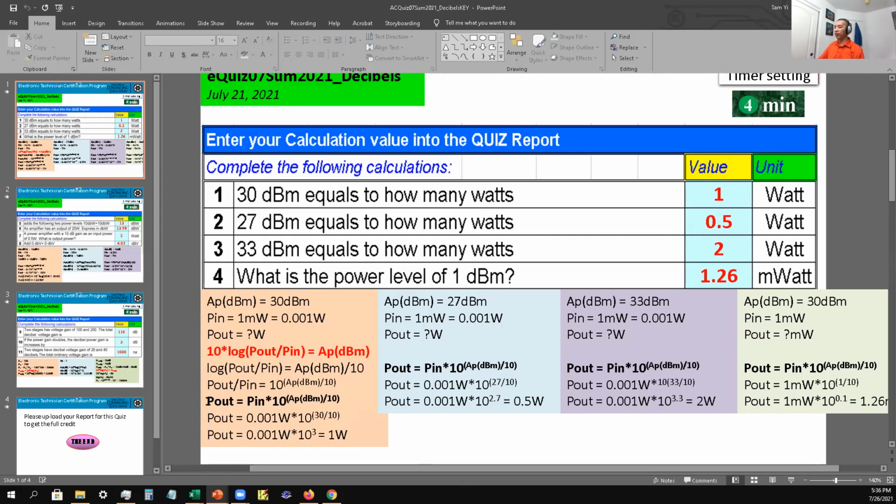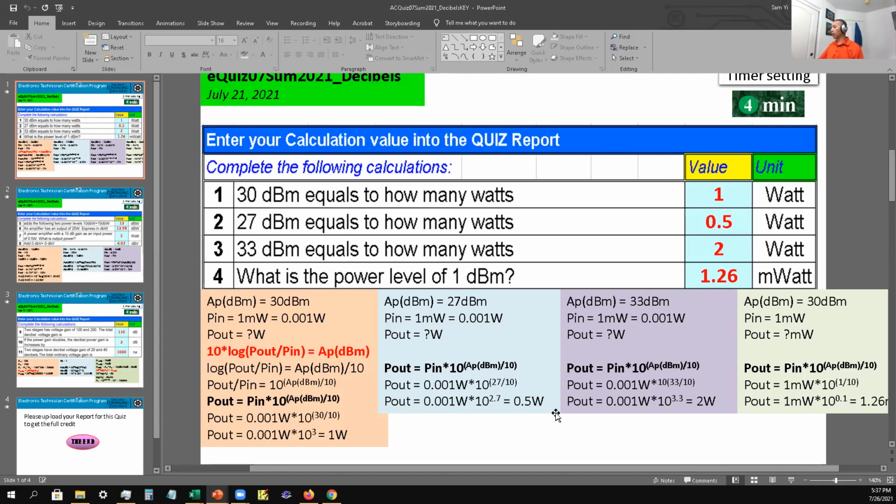I can use this general formula all the time because it's the same application with different values. So for number 2, P out equals 0.001 watt times 10 raised to 27 divided by 10. 27 divided by 10 is 2.7, so 10 to the 2.7. If you take that on your calculator and multiply by 0.001 watt, that gives you 0.5 watt.